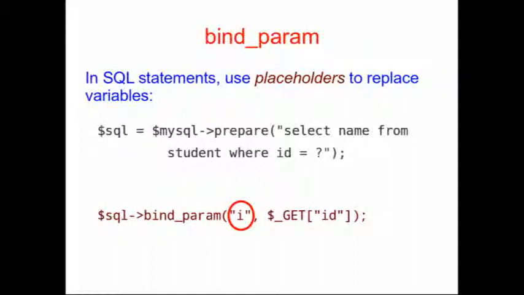The bind param takes two different parameters. The first is the type of variable that you're passing. Remember that PHP is a loosely typed language, and so it doesn't know what types of data you have in what kinds of variables. And then the second parameter that you pass is the actual variable that you want to bind.